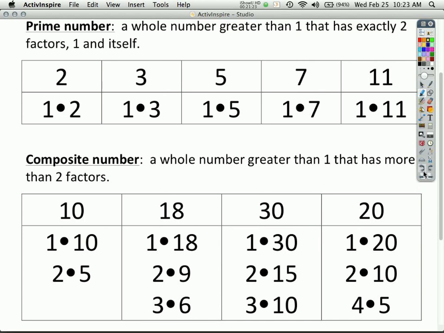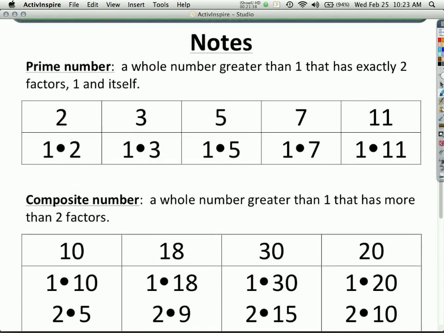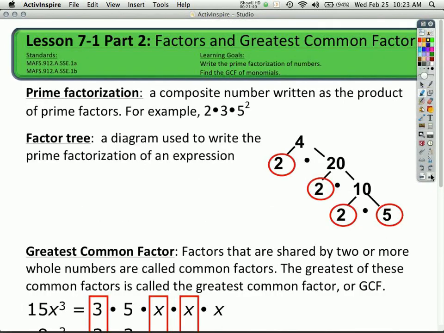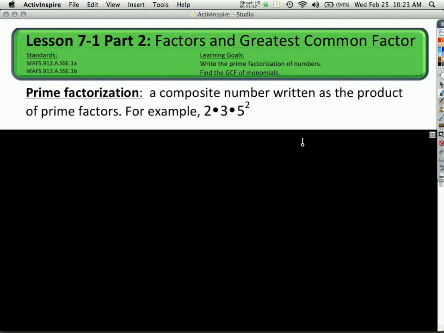So here's the critical piece. A composite number can be written as a multiplication problem of prime numbers. Every composite number can be broken down so that all that's left is prime numbers. And that's one thing we're going to work on today. So, what is that called? That is called a prime factorization. When you take a composite number and rewrite it so that it is a product of prime factors. Boy, we got some fancy language going on here.